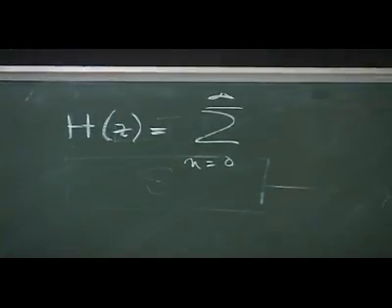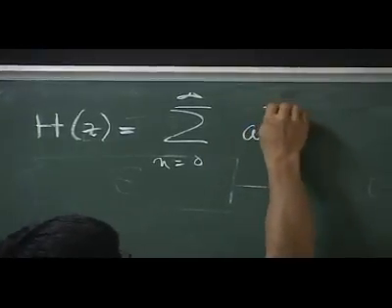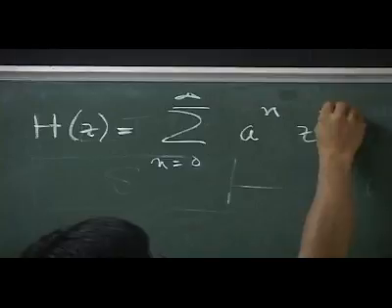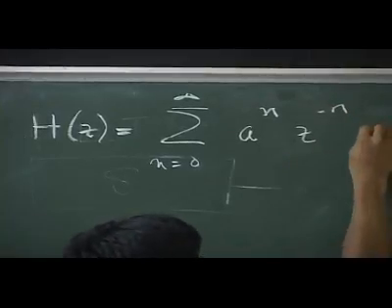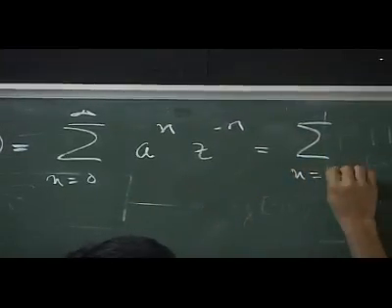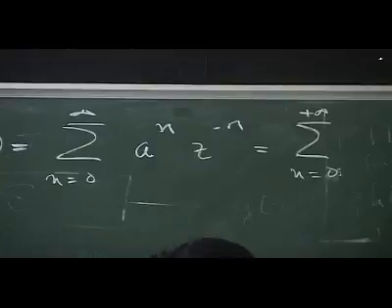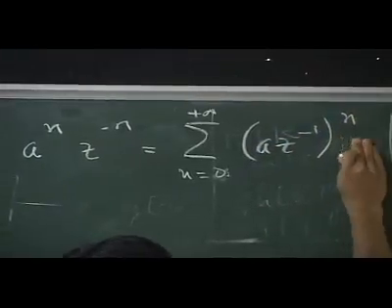From 0 to infinity, I have a to the power of n, z to the minus n. Now this is equal to the summation from 0 to plus infinity of (a z^-1) to the power of n.